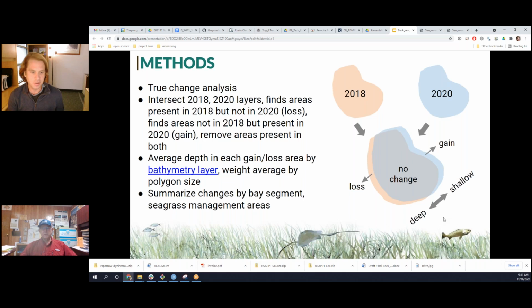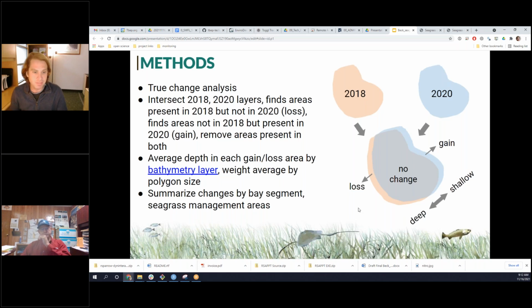Essentially, I took for Tampa Bay the 2020 seagrass layer and the 2018 seagrass layer, and did a true change analysis, meaning that I intersected the two and looked at areas where we had no change, where the polygons were the same between the year pairs, and areas where we had seagrasses in 2020, but not in 2018. So this would be areas where they were gained, and then areas where we saw seagrasses in 2018, but not in 2020. So areas where we saw a loss of seagrasses.